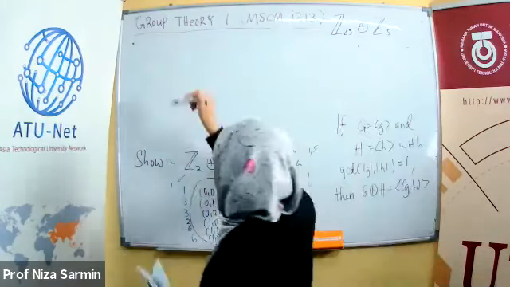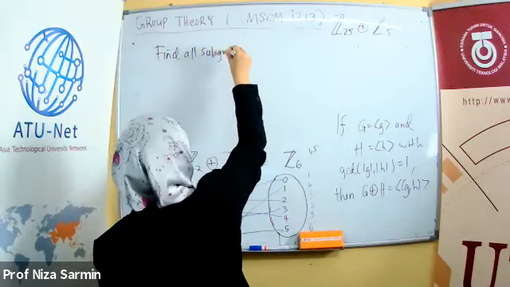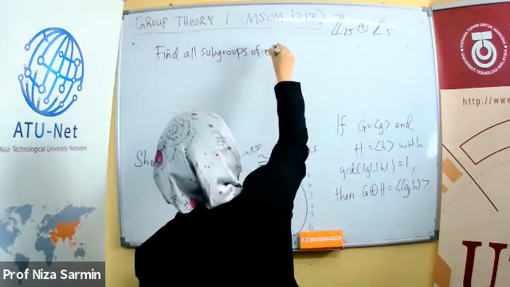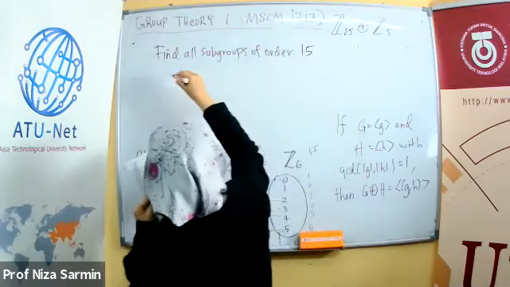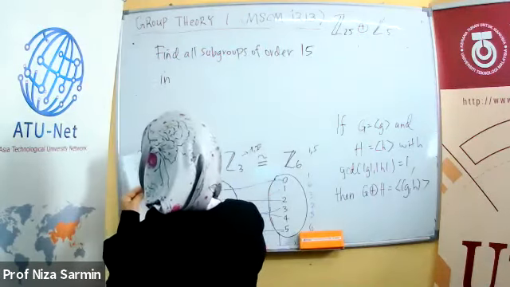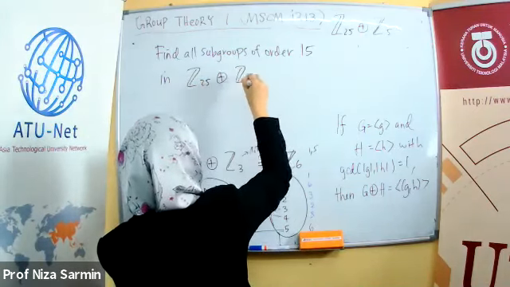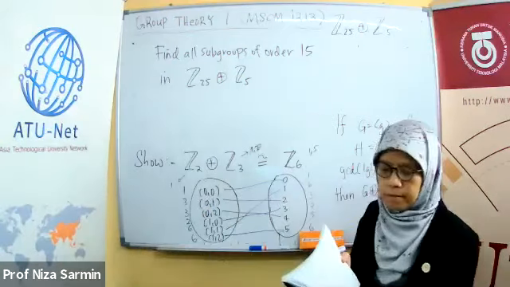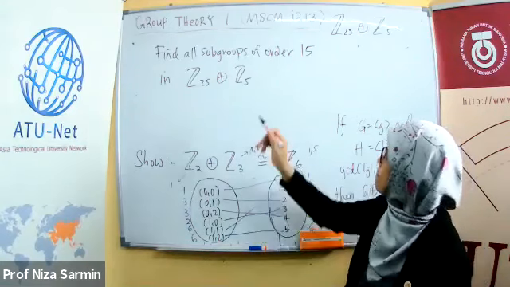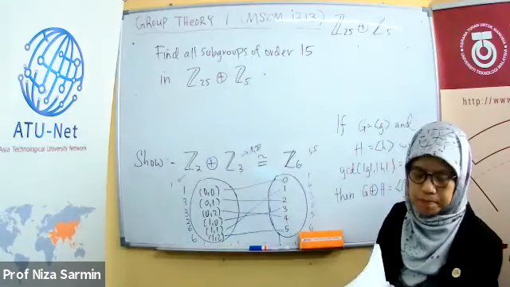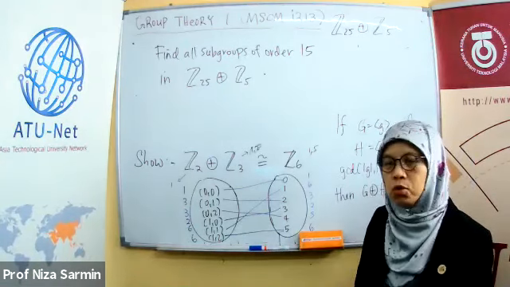Find all subgroups of order 15 in Z25 plus Z5. Okay.